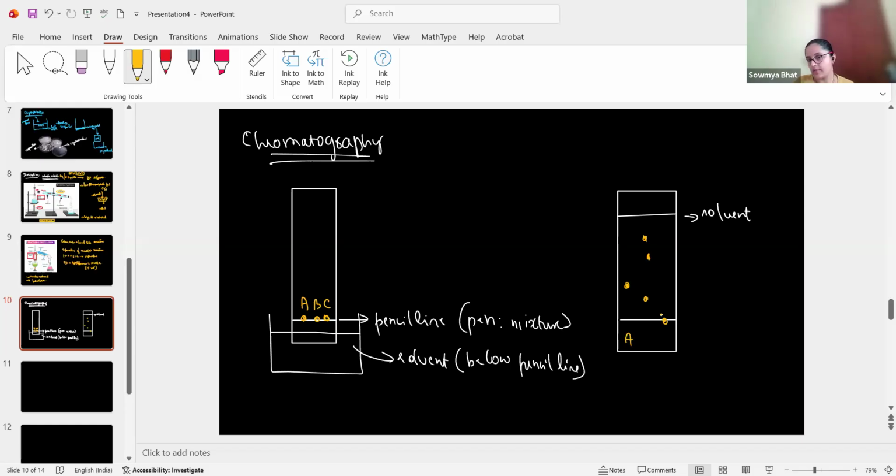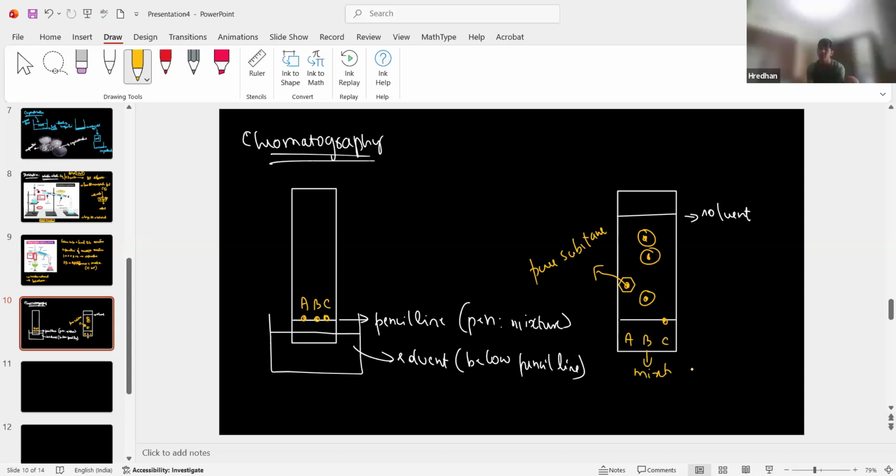A makes only one spot, indicating it's a pure substance made up of one component. B makes three, so B is a mixture of three components. It's an impure substance. And C didn't move at all, so it's insoluble in the given solvent.